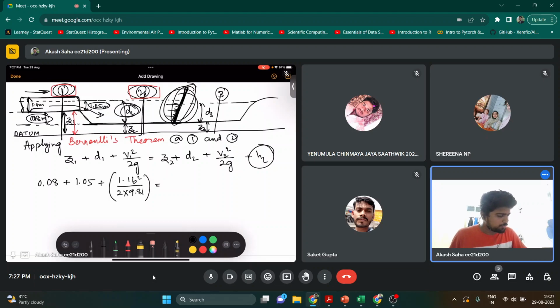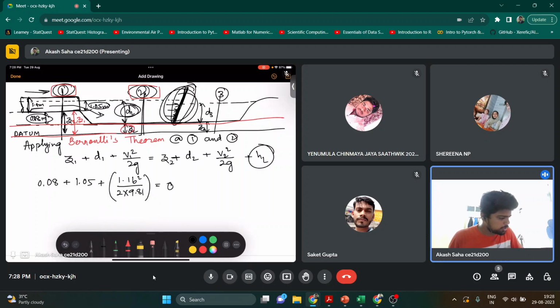Now Z2, I will approximate to 0. Instead of taking the datum line there, I can also take the datum line here. In this case, my Z1 will become this and my Z2 will become 0.